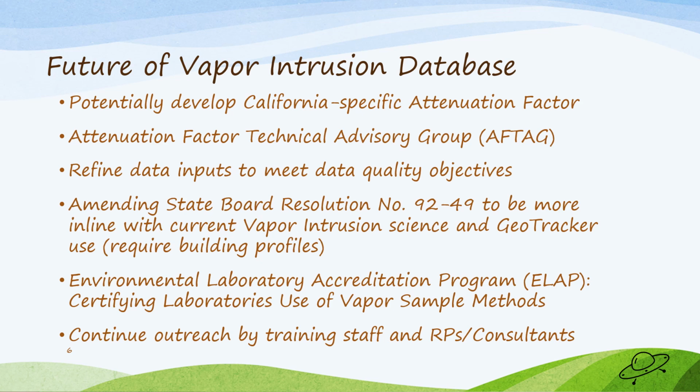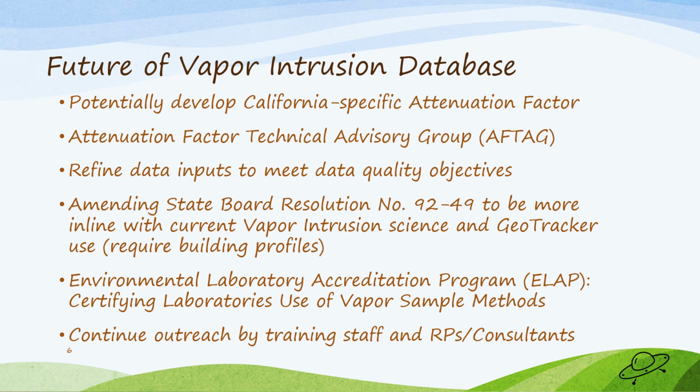So what's next for this vapor intrusion database? Depending on how much vapor data we can get into the database, we can potentially develop that California-specific attenuation factor. This attenuation factor would be evaluated by the Attenuation Factor Technical Advisory Group that will be led by the State Water Board's Division of Water Quality.